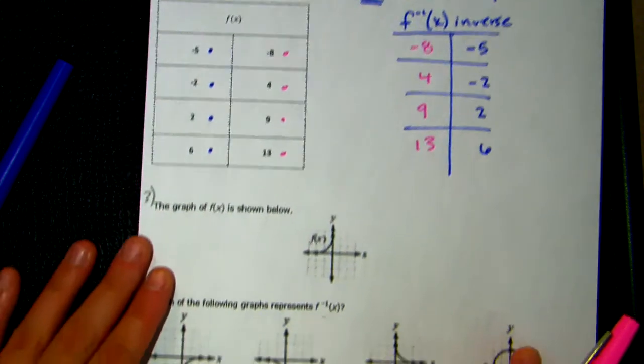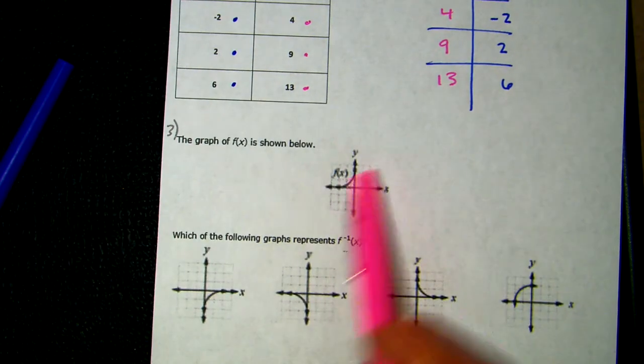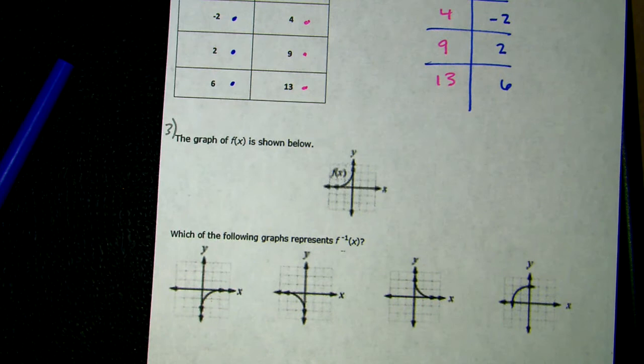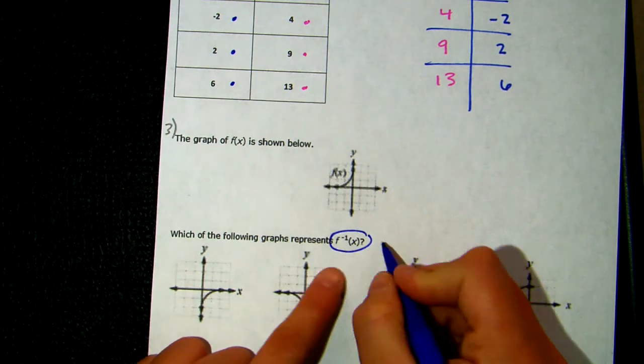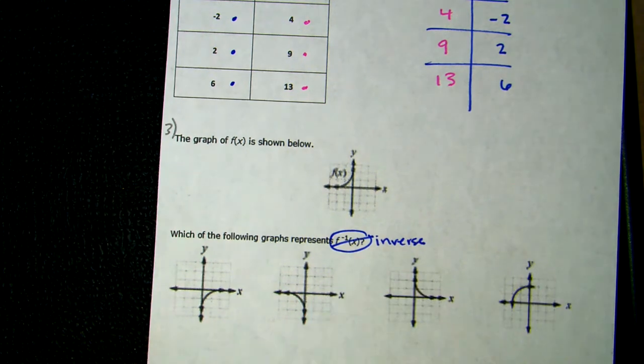Okay. Number 3 gives us this graph below, and it says, which of the following graphs represents f to the negative 1 of x? Again, remember this notation, if that's confusing to you, you can cross it out and just write inverse, if that makes more sense to you. Okay. So graphically, how we find an inverse is we reflect across the line y equals x.